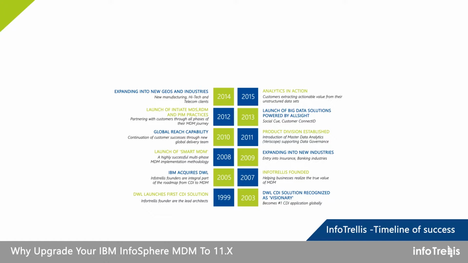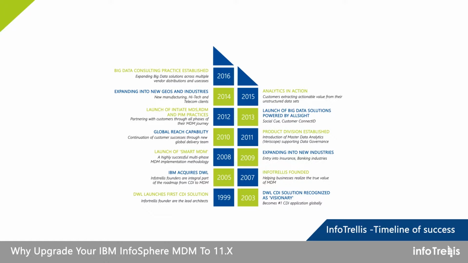Our data integration practice has expertise in ETL tools such as DataStage, Informatica, and integration tools such as IBM Integration Bus, SAP PI, IBM Cast Iron, and Data Quality, and profiling tools such as Quality Stage, IDQ, and InfoTrellis' Veriscope.